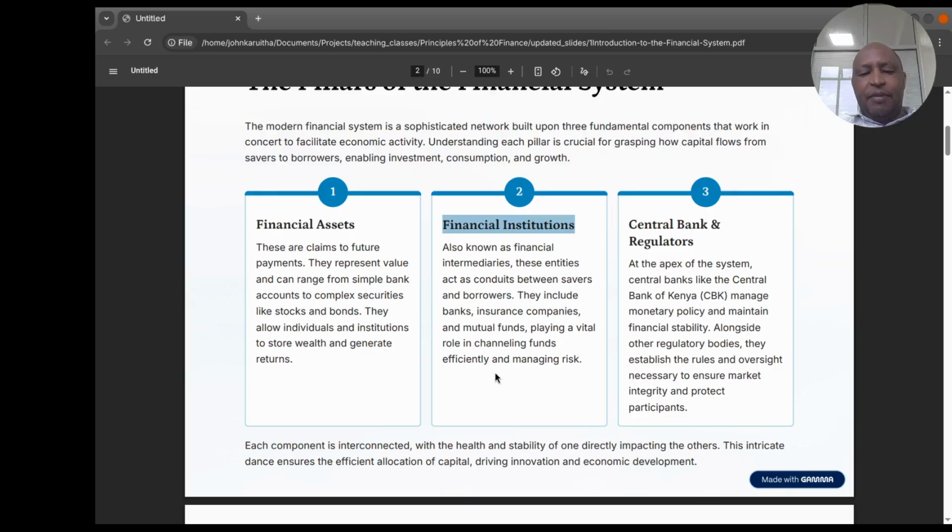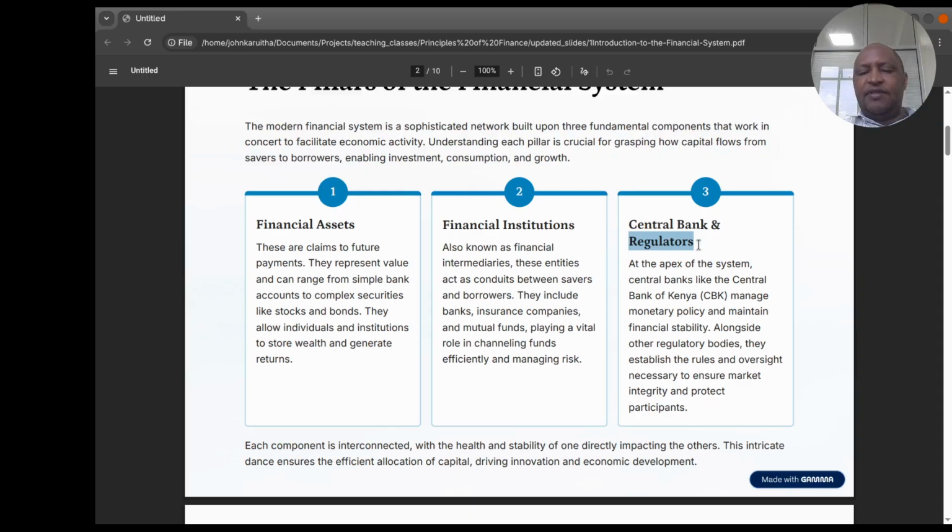The foreign exchange market in itself is a financial market, and so on. Lastly, we have regulators. In Kenya, we have several of them, like the Central Bank of Kenya in charge of the banking sector, the Insurance Regulatory Authority in charge of the insurance sector, the Retirement Benefits Authority in charge of pensions and other retirement schemes, and so on.